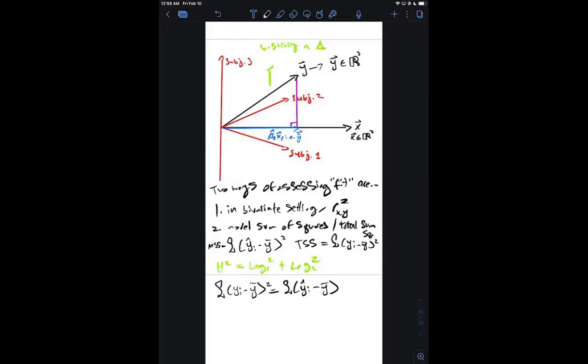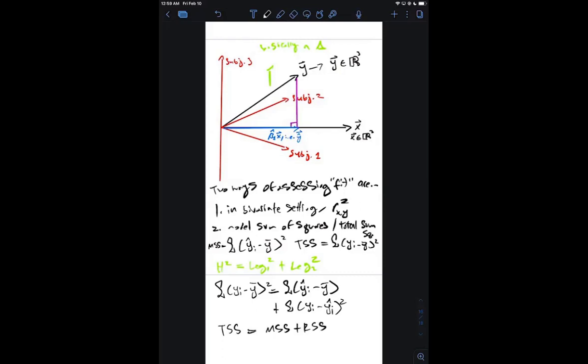And then finally, plus our residual vector. Sorry, making silly mistakes all over the place here. And so that's equal to the total sum of squares. The total sum of squares is equal to the model sum of squares plus the residual sum of squares.